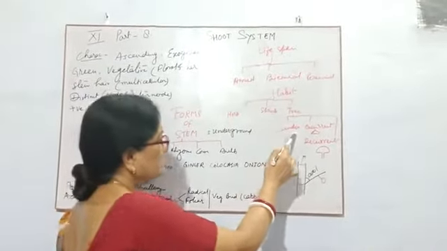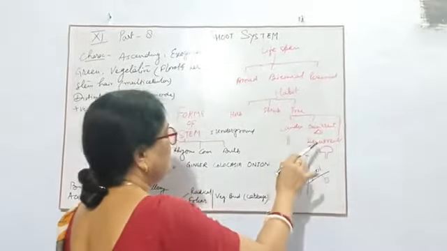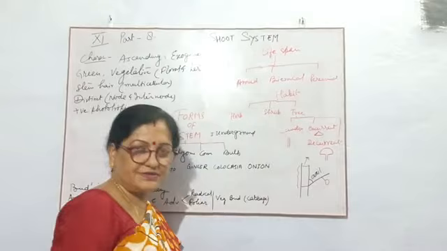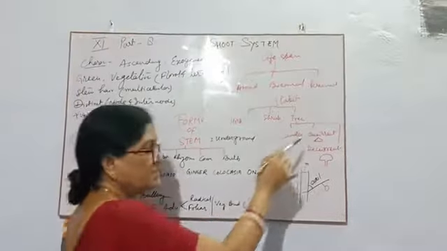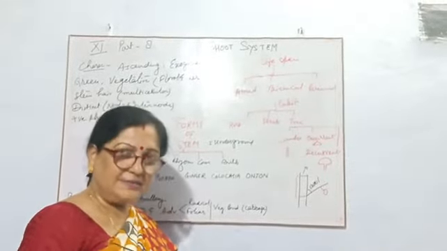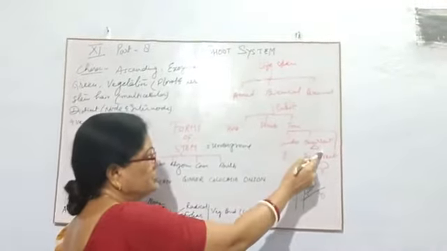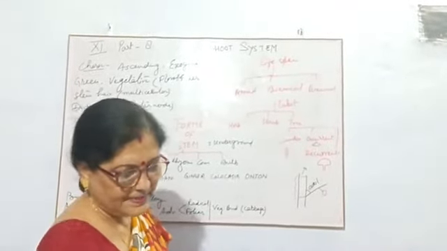These are known as the caudex type of tree. Second one, excurrent. Excurrent trees have branches and ultimately they form a cone shaped structure. They are known as excurrent.